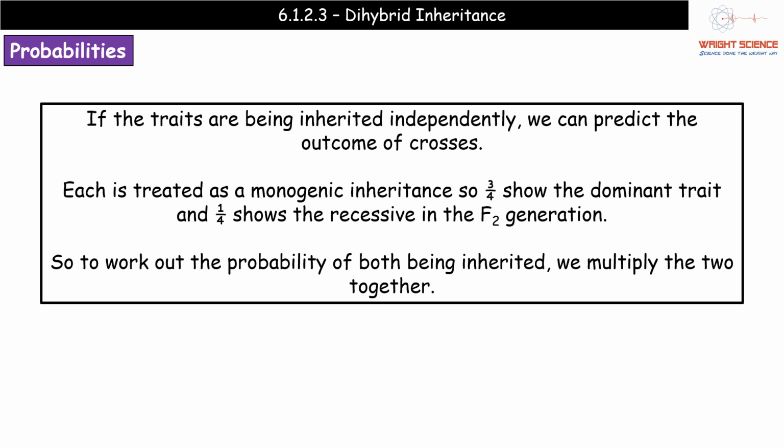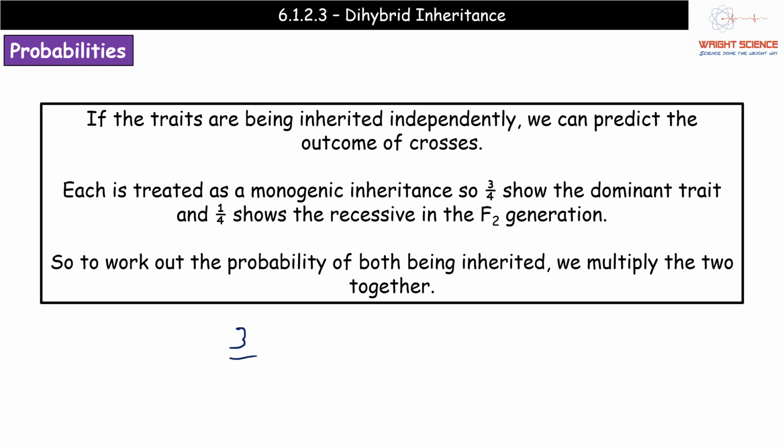So basically what we find is that each of these individual traits can be treated as a monogenic inheritance. So 3/4 of them would be the dominant trait, 1/4 the recessive in that F2 generation. So in order to work out the probability of both of those traits being inherited, we just multiply them together. So the 2 dominant traits would be 3/4 times 3/4.